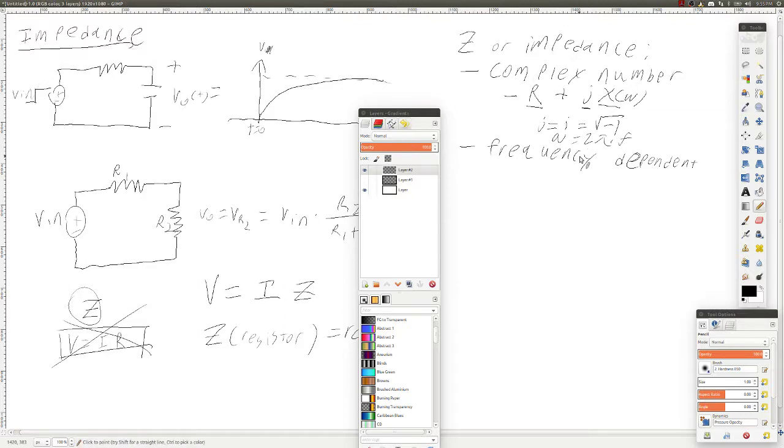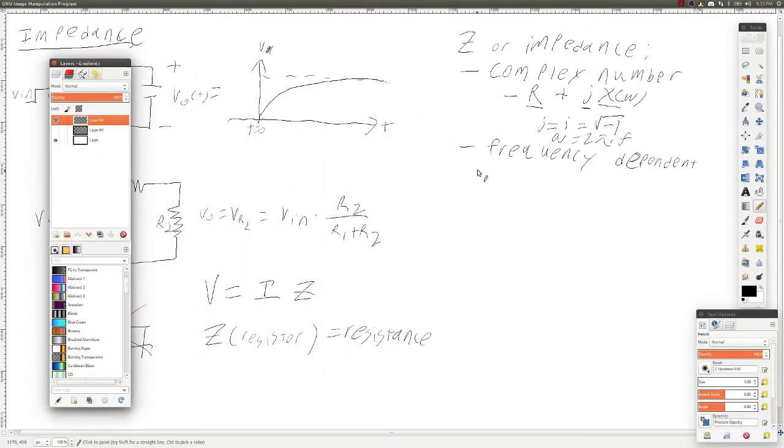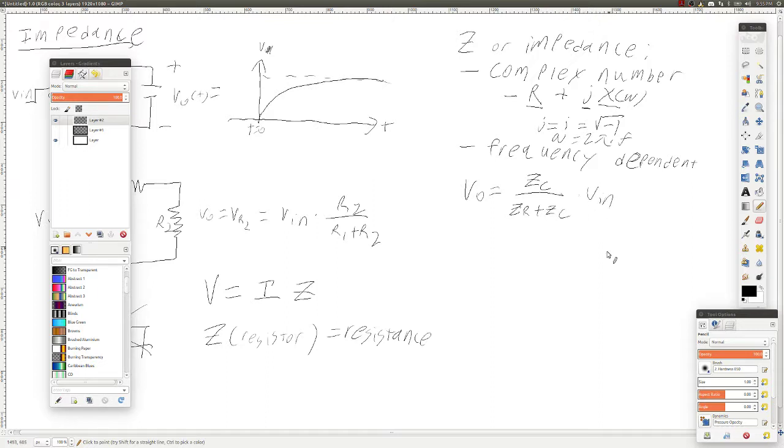So Control Z. So check this out. What we actually get now is V out is equal to the impedance of C over the impedance of R plus the impedance of C times V in. Okay, great. So all we have to do is do this simple voltage divider using impedance instead of resistance, and we've got our answer.